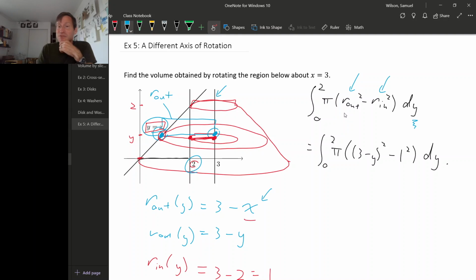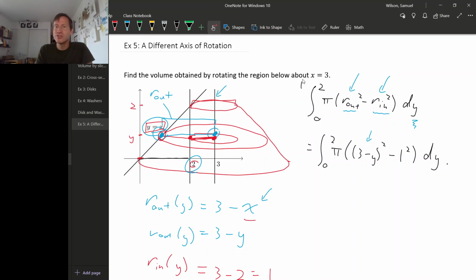So we have to be a little more careful about how we're measuring the inside and outside radius to make sure that we're measuring the distance from the edge to the axis of rotation, because the axis of rotation is not x equals 0, it's x equals 3. So that's why we end up with this difference in here instead of just y. So have to be a little bit careful there.